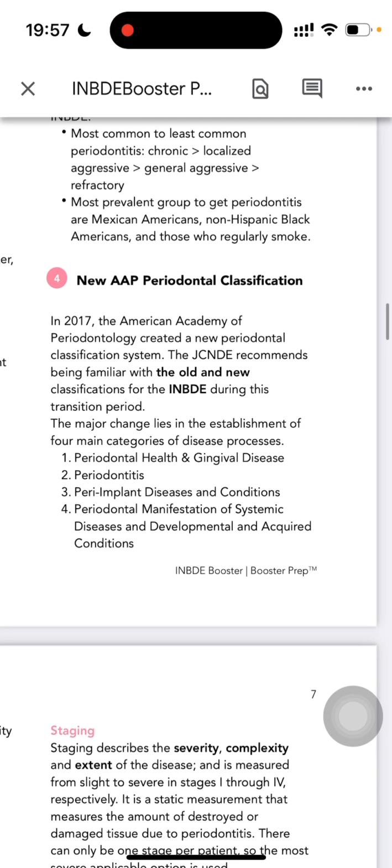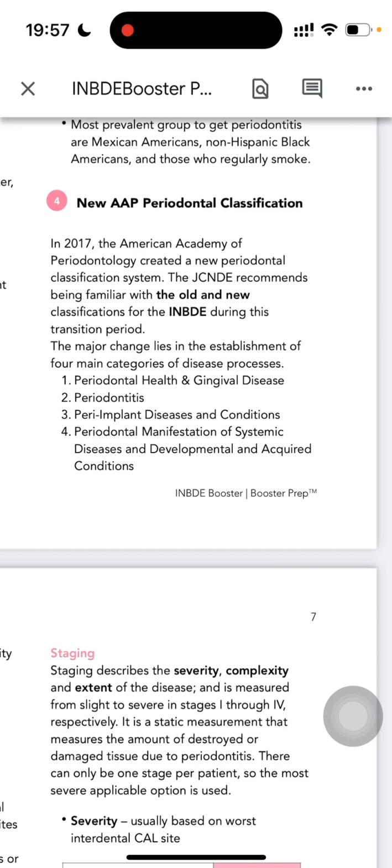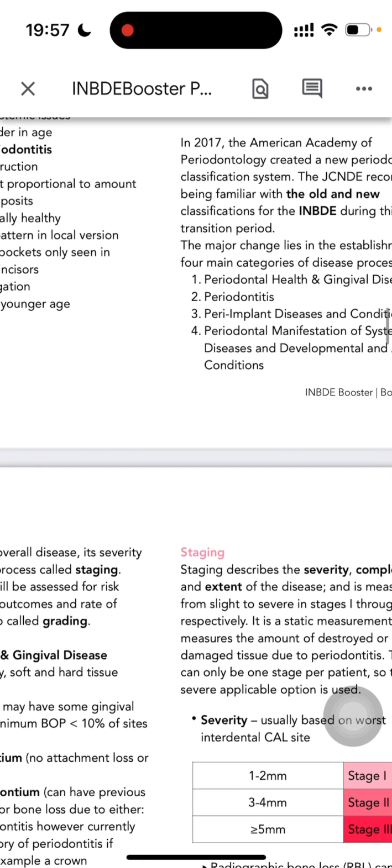Classification system. The GCNDE recommends being familiar with the old and new classifications for the INBD during this transition period. The major change lies in the establishment of the four main categories of disease processes: periodontal health and gingival disease, periodontitis, peri-implant disease and conditions, periodontal manifestation of systemic diseases, and developmental and acquired conditions.